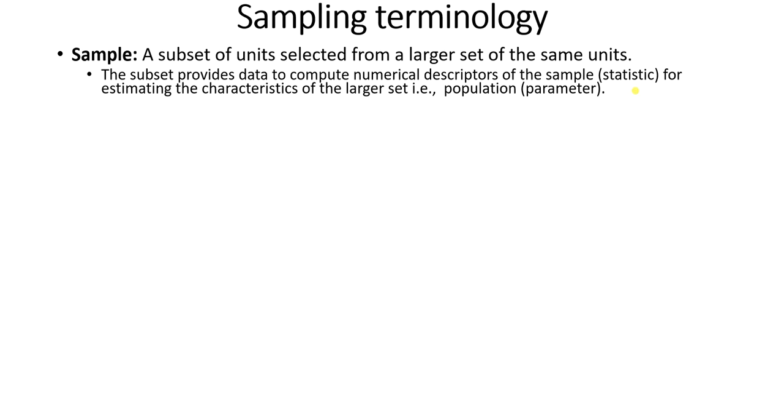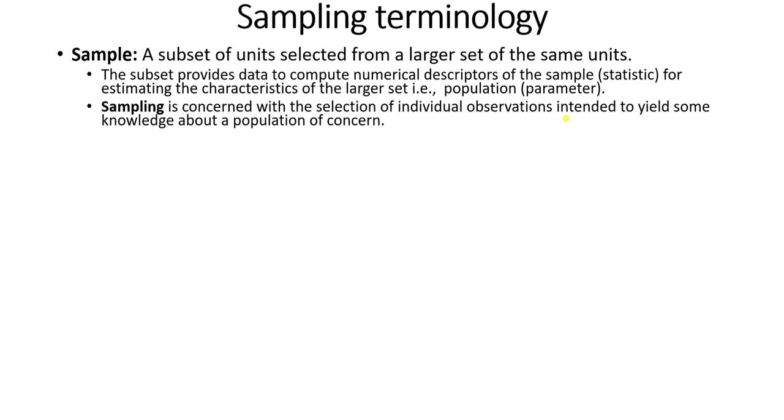And based on those statistics, we try to make inference about the characteristics of the larger set, that is the population, and the numerical descriptor of the population is called a parameter. So the sample provides a convenient way to infer about the population characteristics, that is the parameter, based on the sample characteristics, that is the statistic.